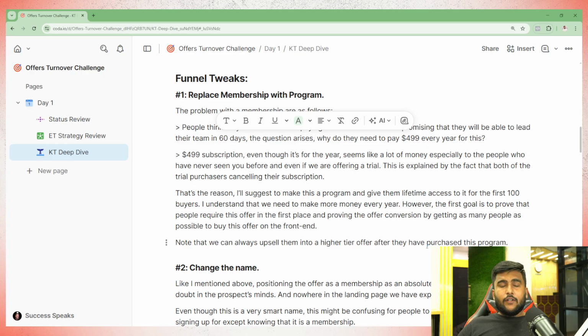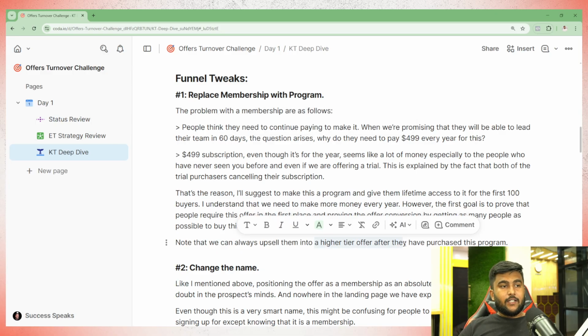But if we don't even have any buyers and we are just being adamant about the price, it's not going to make any sense for us to keep trying to sell this at $499, right? So the idea was to just have enough people in the room so that we can test if the offer is converting and we can prove that the offer works and people actually need it. Note that we can always upsell them into a higher tier offer after they have purchased this program.